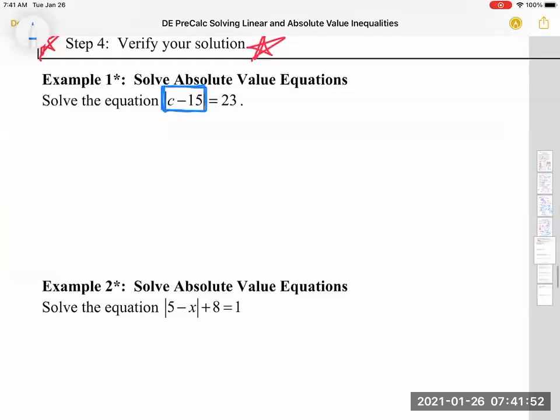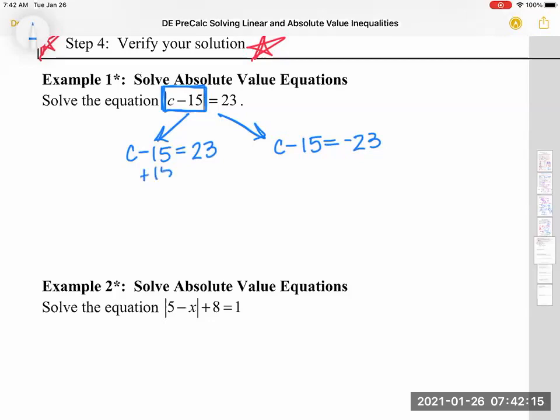From there, you are going to create two equations. When you make the equations, you don't need the absolute value bars anymore. So you can just write c minus 15 equals 23 and c minus 15 equals negative 23. Like that. So now you are going to solve for c.